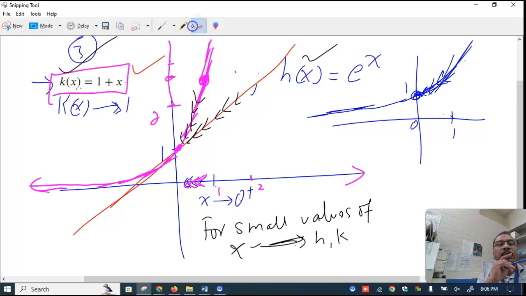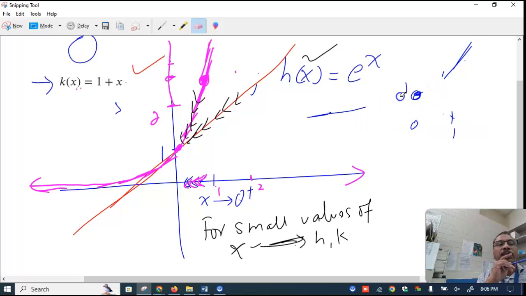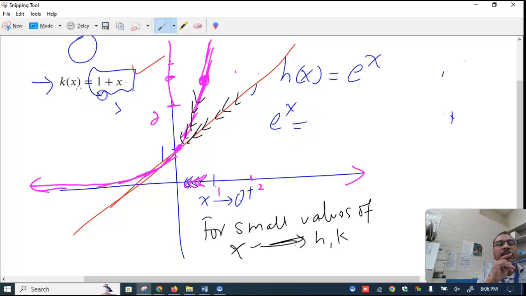In later classes, you'll also learn the important concept of the Maclaurin series, where you will see that e raised to x can be approximated. Right now it is approximated by a linear form, that is 1 plus x, but you can also approximate it with a quadratic function: 1 plus x plus x squared over 2 factorial.